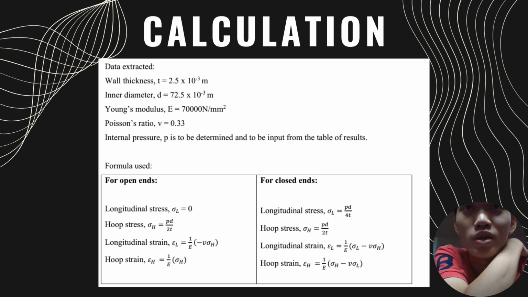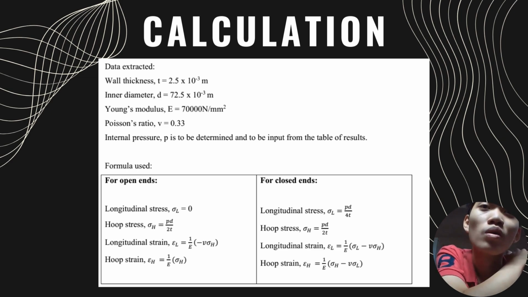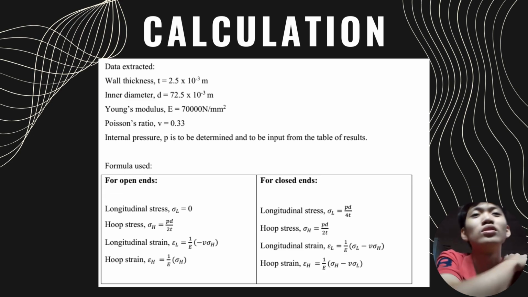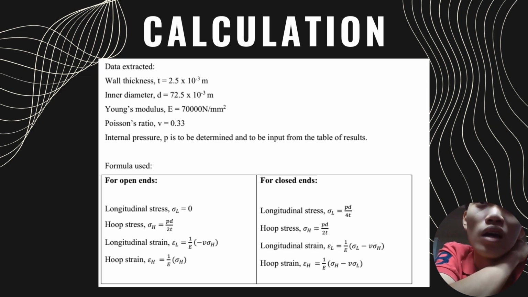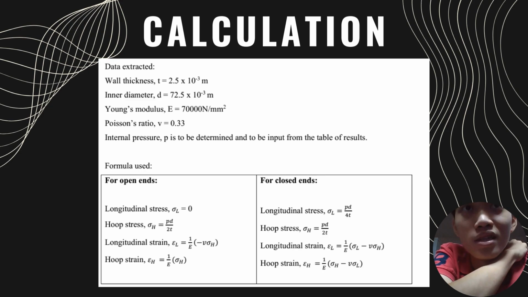And for the longitudinal strain, which also has a different value, the formula is 1 over the Young's modulus times the longitudinal stress minus the Poisson's ratio multiplied by the hoop stress.